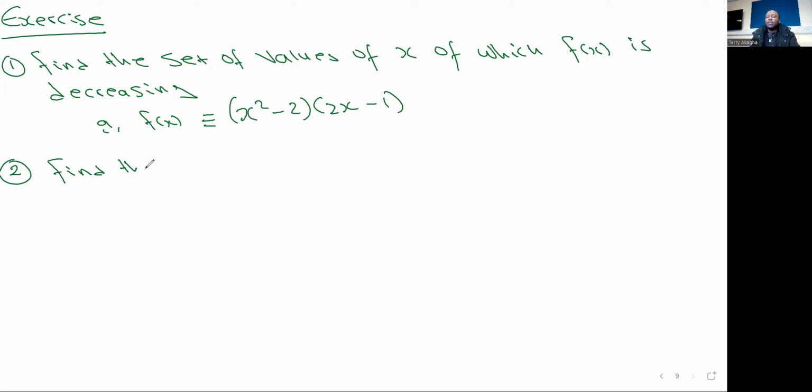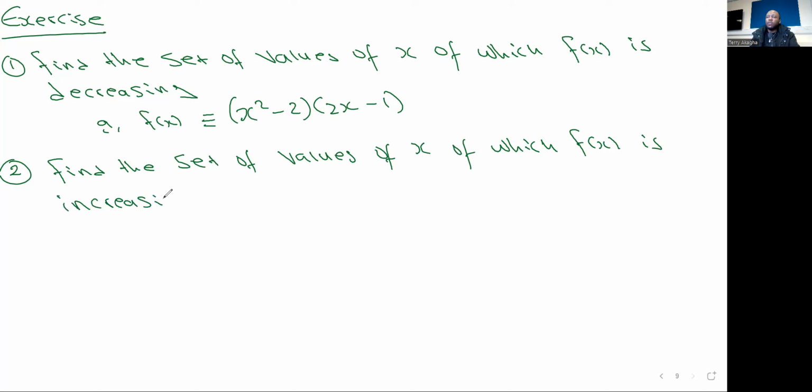So find the set of values of x for which f of x, now this time, f of x is increasing. So we have A, f of x, we have x minus 6 squared.